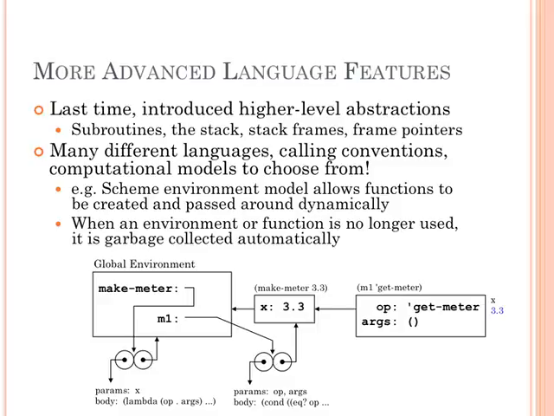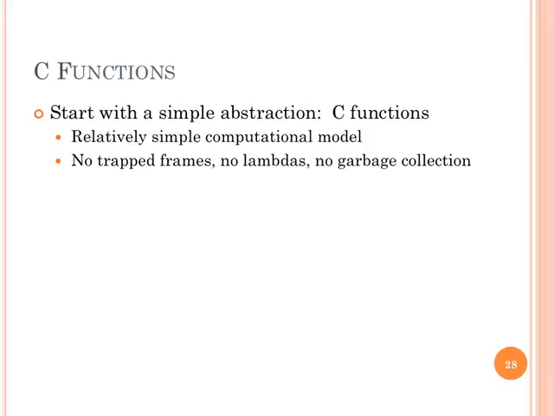Okay? Now, we'll talk about today's code in terms of the environment model, but we won't have lambdas. We won't have these little double circles that mean crazy things and track frames and so forth. We're going to be sticking with something very straightforward. C functions and some of the abstractions revolving around the C programming language.